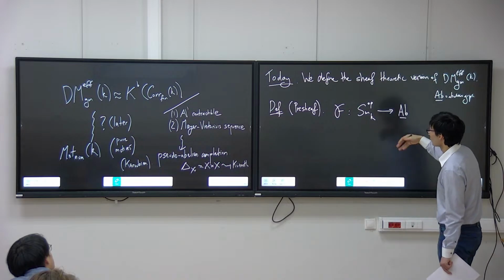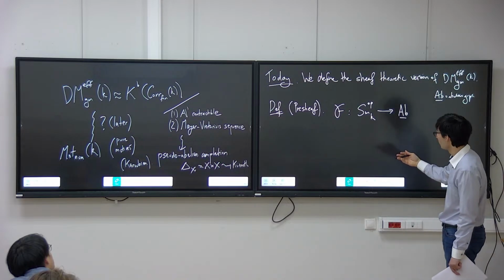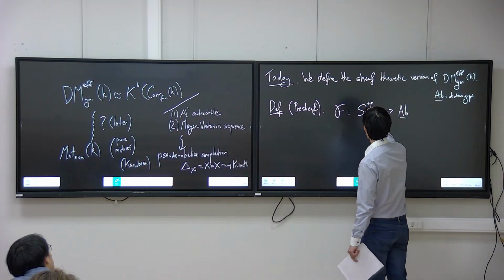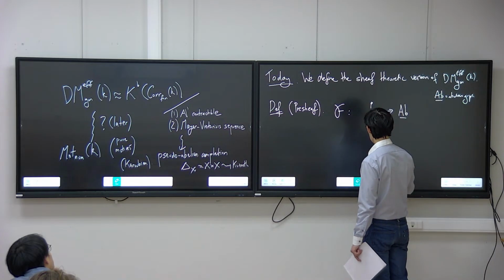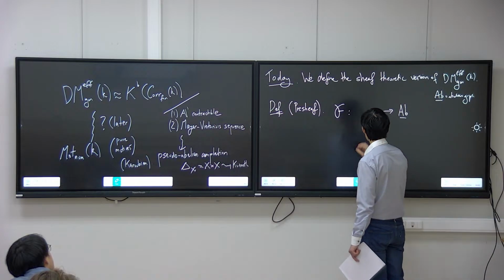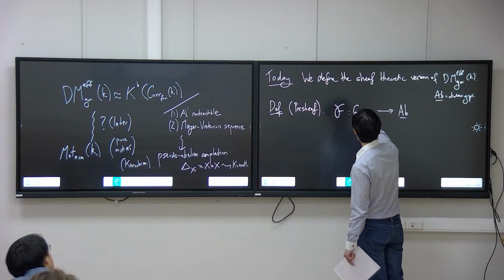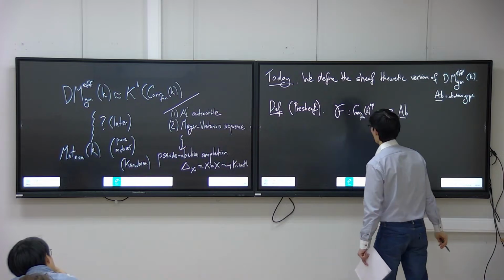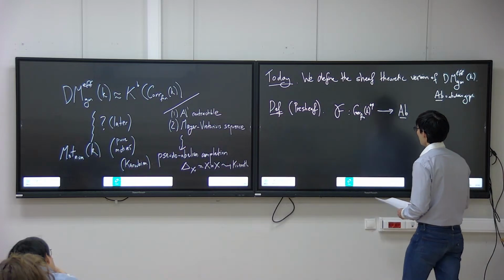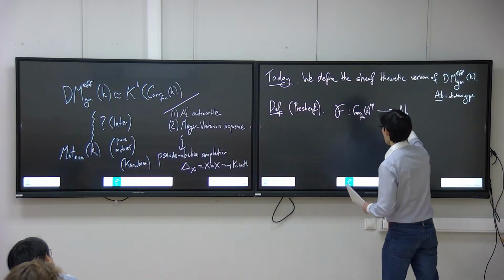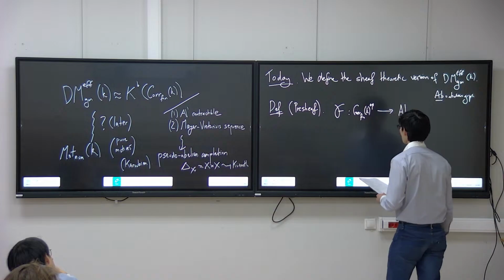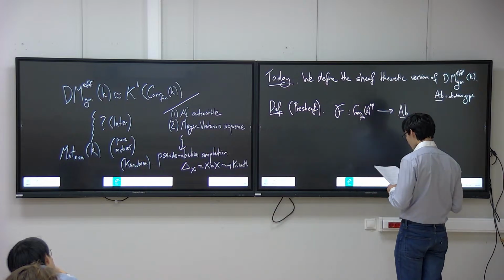But we want to encode correspondences, so this is not good enough, and we work rather with finite correspondences. So this seems to be a good definition of what a presheaf is: a functor from this category to abelian groups.